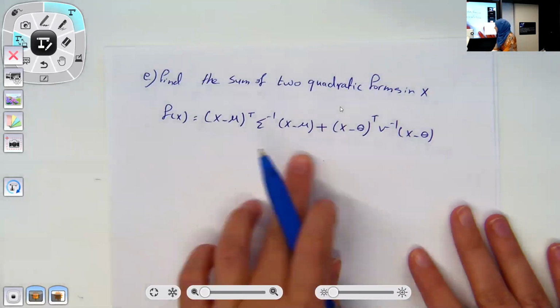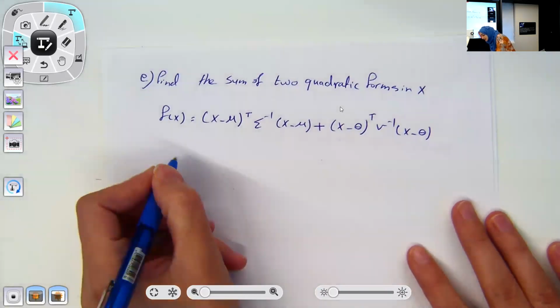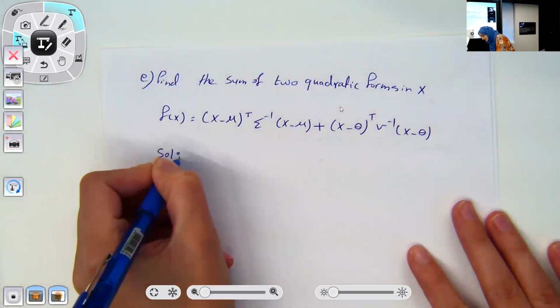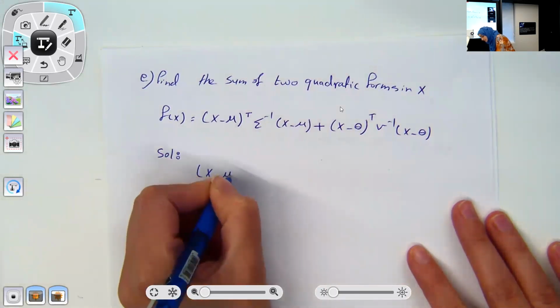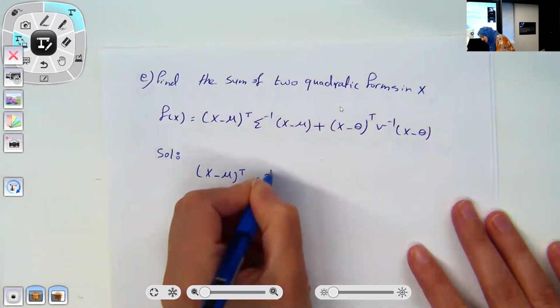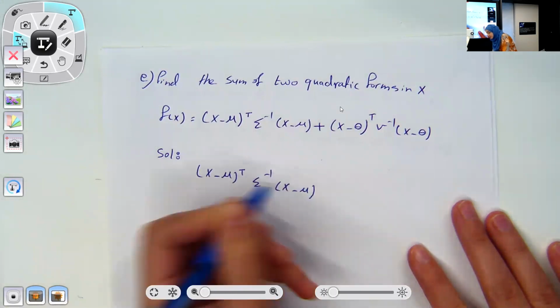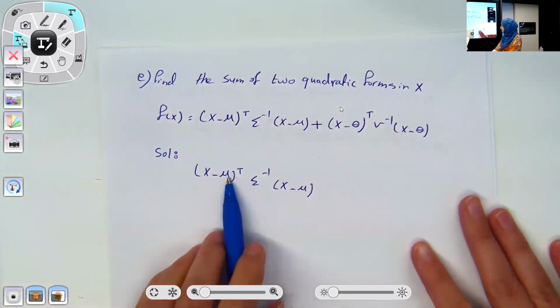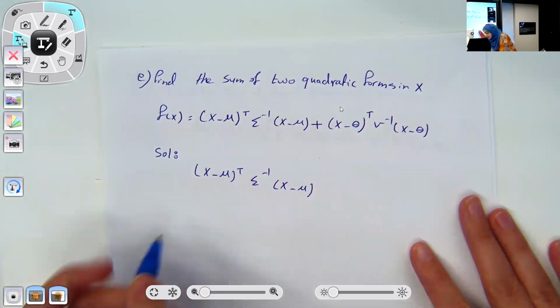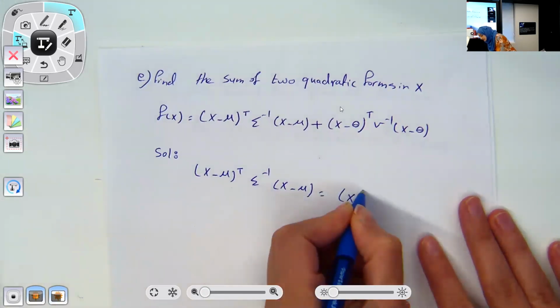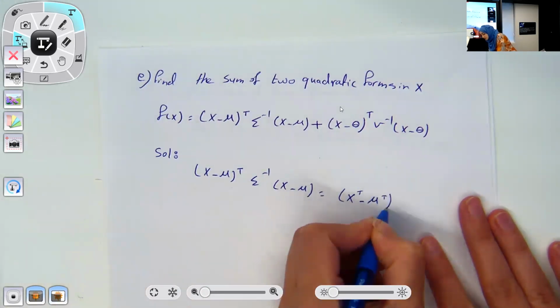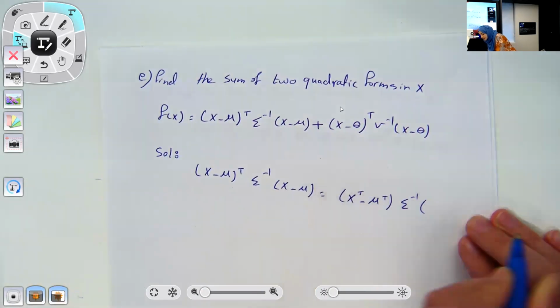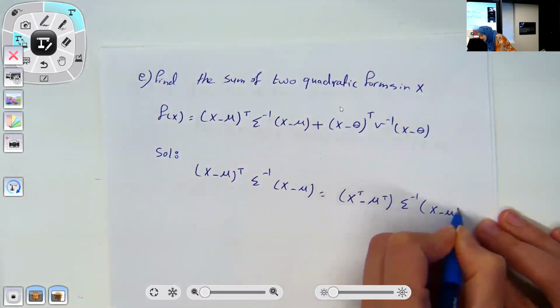Let's try to expand the first part. We need to expand X minus mu transpose times sigma inverse times X minus mu. Here we have a transpose. At the beginning, we need to expand this part, so we can write it as X transpose minus mu transpose multiplied with sigma inverse, and this is multiplied with X minus mu.